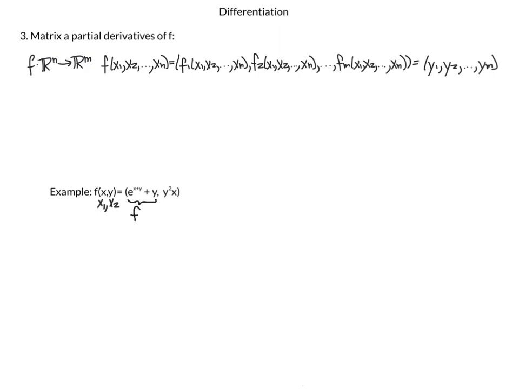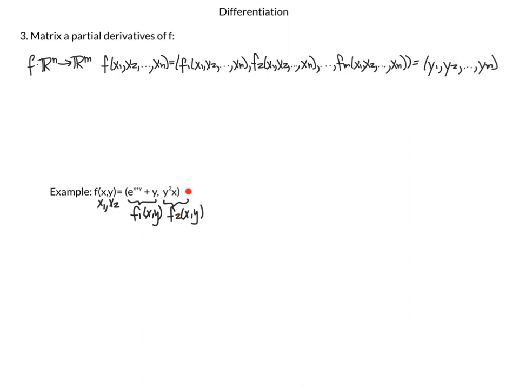this is our f1 function, right? It takes an x and a y, and it produces our first coordinate, y1. And then our y squared x, this is exactly our f2. I wrote x and y here instead of x1, x2, as in this notation, but this would be f2, and it takes our x and y's and produces the second coordinate.